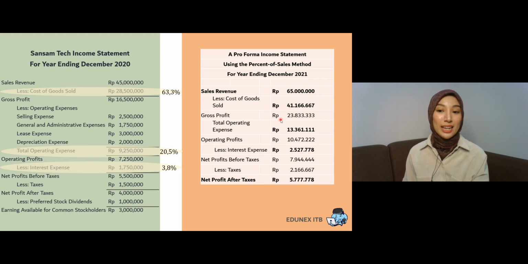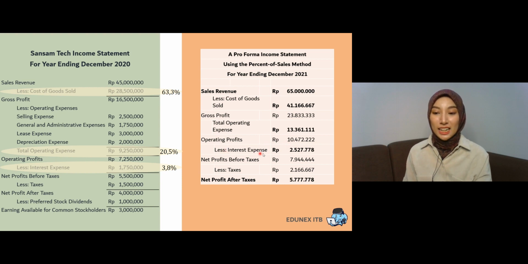Sales minus COGS, we have gross profit. For the operating expense, we multiply the 20.5% with the sales revenue, so we have the total operating expense of around 13 million rupiah. Gross profit minus total operating expense, we have the operating profit of around 10 million rupiah.